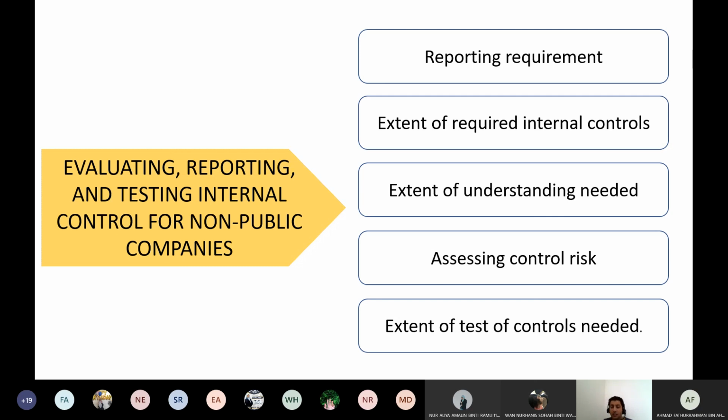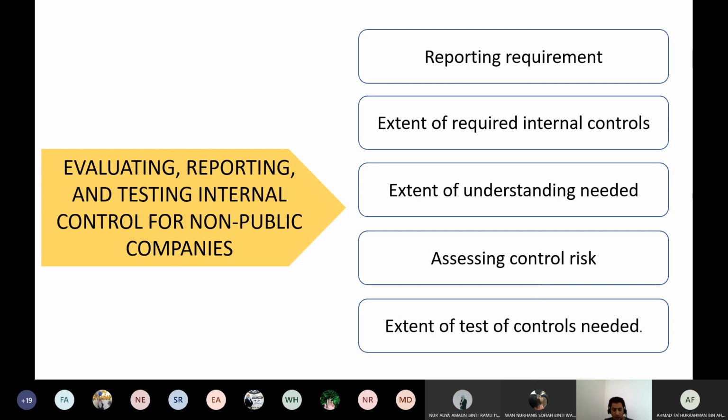The reason is that internal control is a cost. It creates effectiveness of operation and more reliance on the financial statement, but we need to consider the cost of implementing internal control.